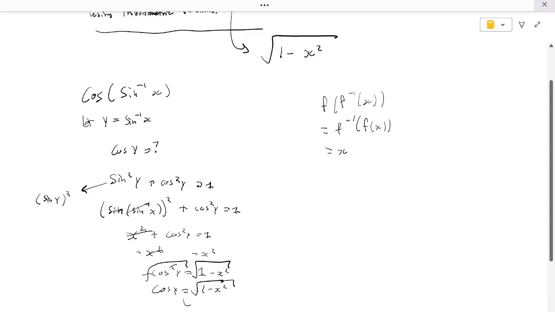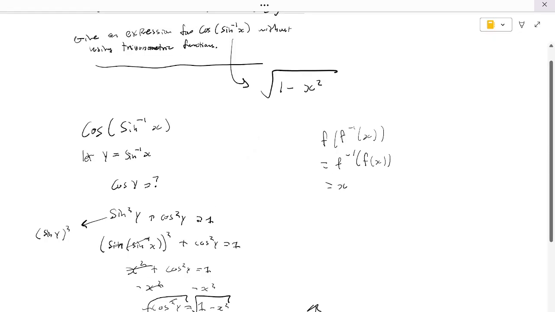This is the equation for a semicircle, right? So when you graph y equals this, not cosine y, you get this. That's what this is over here.